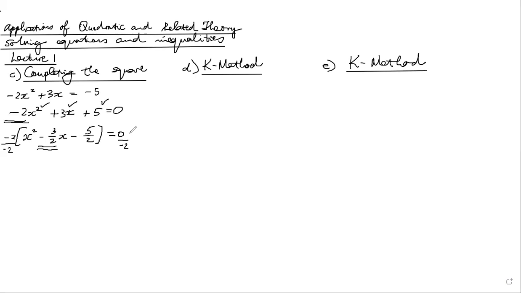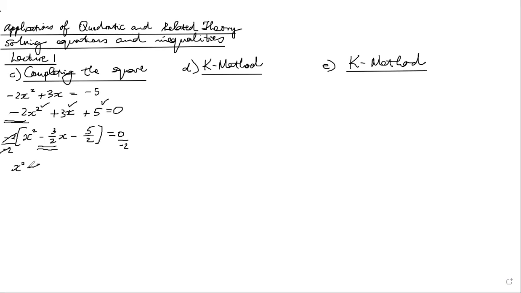If it's not a 0, you'd have to ensure that it does become a 0. So the negative 2 cancels on the left, and so we have x squared minus 3 over 2x.